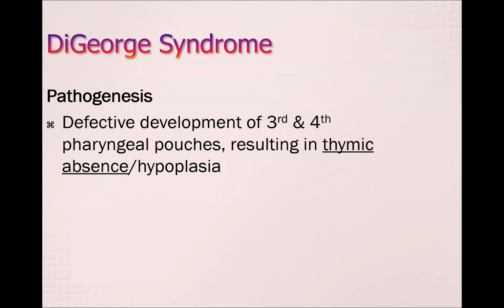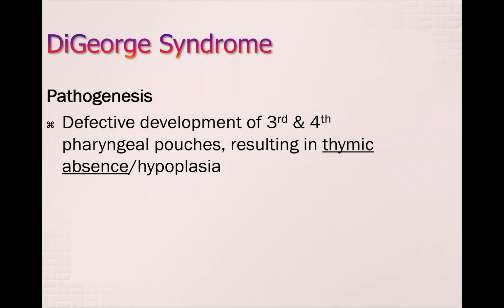So everybody think back to embryology real fast. Okay, now that you've had that horrible flashback, just remember that DiGeorge syndrome is really and truly a dysfunction in migration of the third and fourth pharyngeal pouches, which results in thymic absence or hypoplasia. And that's what drives the immunodeficiency surrounding DiGeorge syndrome.